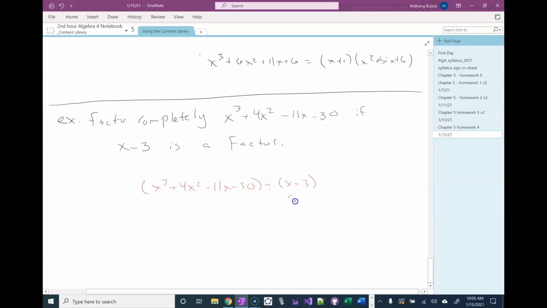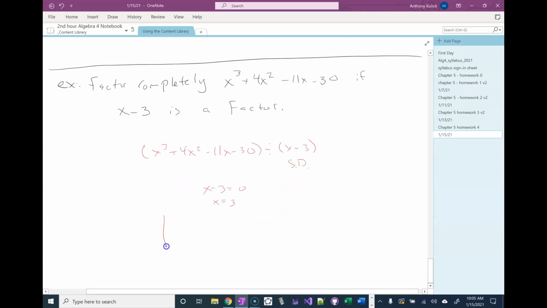I can do synthetic division with this because my factor has leading coefficient 1 and degree 1. So I'll take that divisor, set it equal to 0, and solve. And then set up my synthetic division.